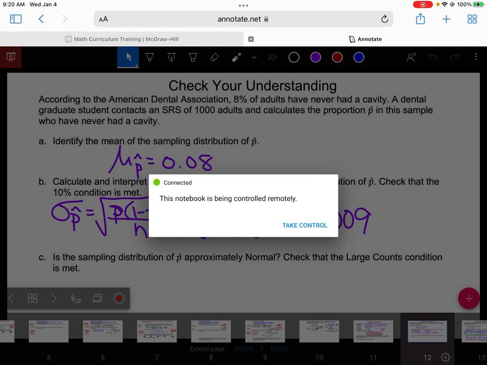So the sample proportion of adults that have never had a cavity typically varies by how much? 0.009 from the true proportion of 0.08.